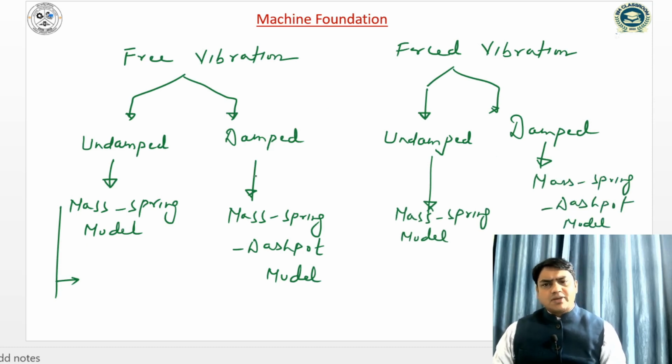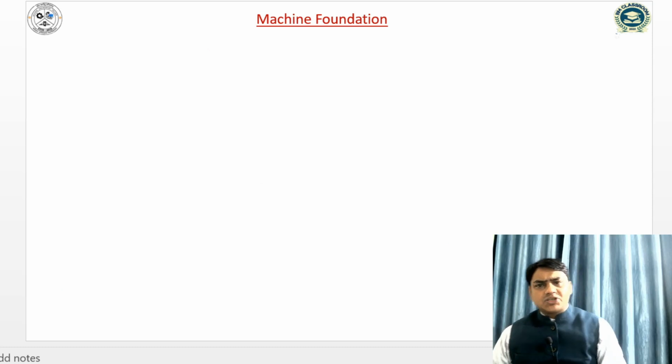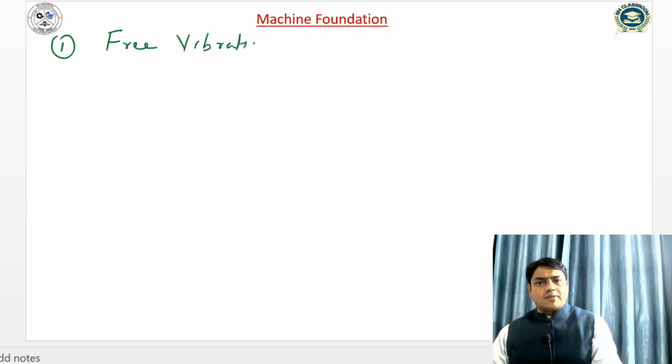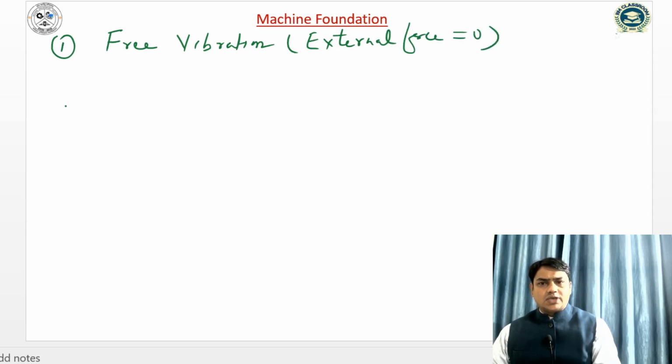So let us discuss one by one. Firstly, I will discuss the free vibration. Free vibration means external force is equal to zero. And in free vibration, firstly I will discuss the undamped case.